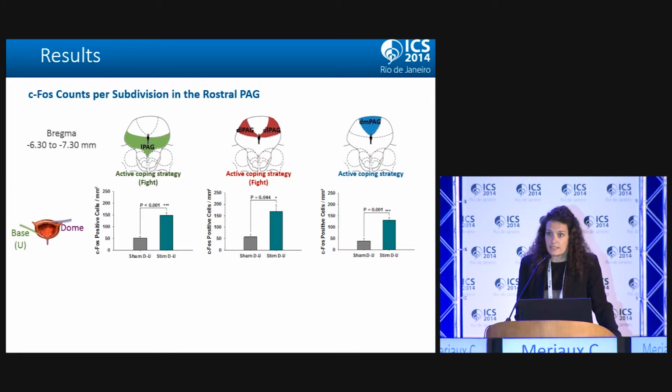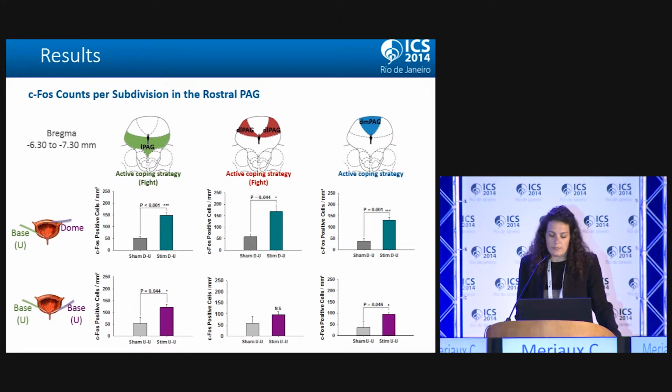It was statistically higher for the stimulated group compared to the sham group for the lateral PAG, dorsolateral PAG, and dorsomedial PAG. For the animals with the implantation of the electrodes in the base of the bladder, in this case, there was a higher number of positive cells in the stimulated group compared to the sham group for the lateral subdivision and the dorsomedial subdivision.